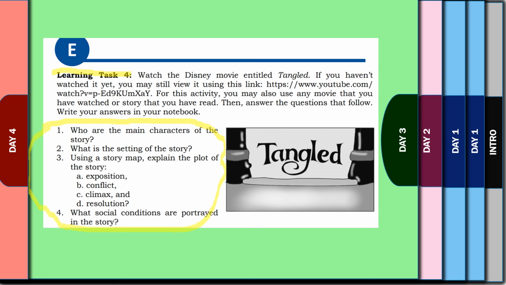So for week 3 of your module, you are going to pass 2 movies with the following information: the characters, setting, plot, and social conditions. So this is for day 3.